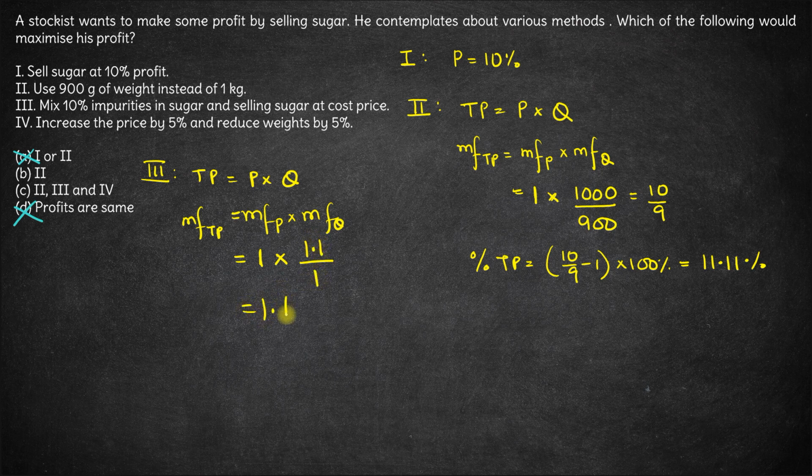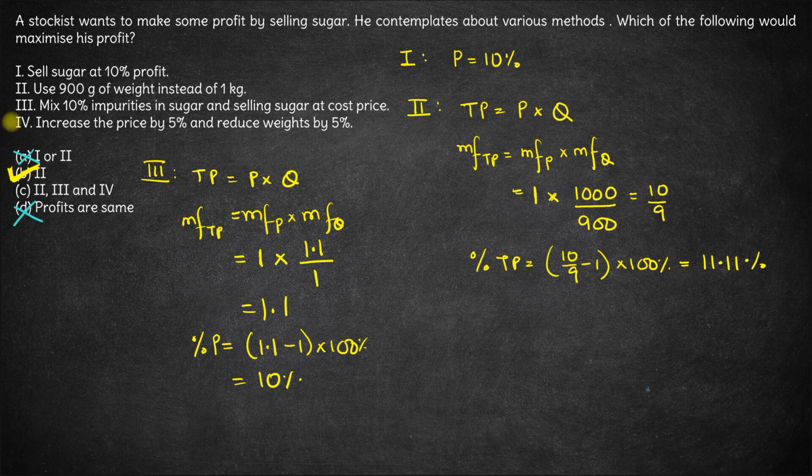So this comes out to be 1.1. Hence the percentage profit, or percentage change in total price, here is the multiplication factor minus 1 into 100%, which comes out to be 10%. Now obviously, although first and third are the same, the second is obviously better than both the first and the third. So option C also cannot be the answer.